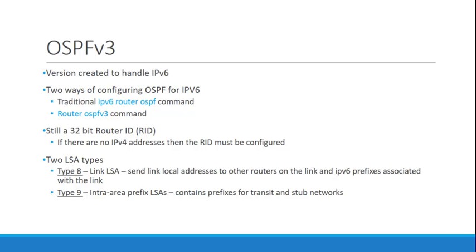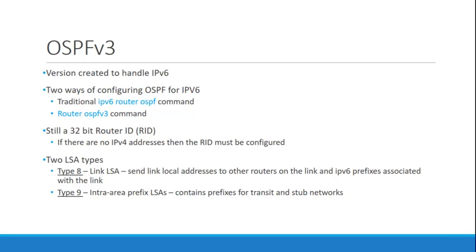OSPFv3 still uses the 32-bit router ID written like an IP address. This is important because if the only thing that router is running is IPv6, you have to configure a router ID.